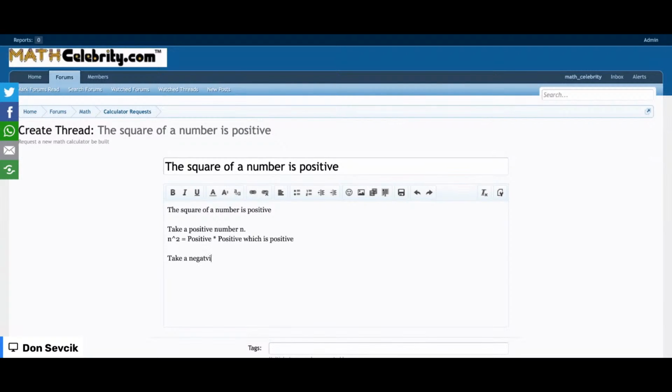Take a negative n. n can be positive or negative, so test both scenarios.